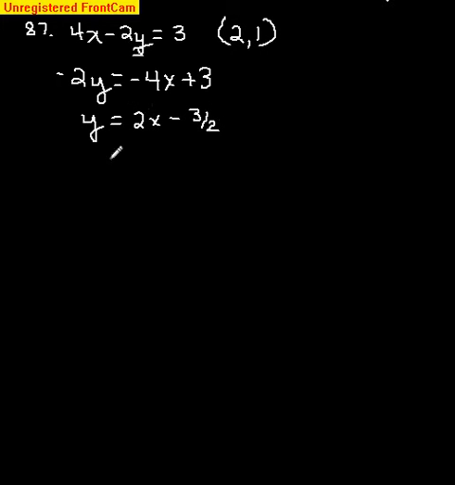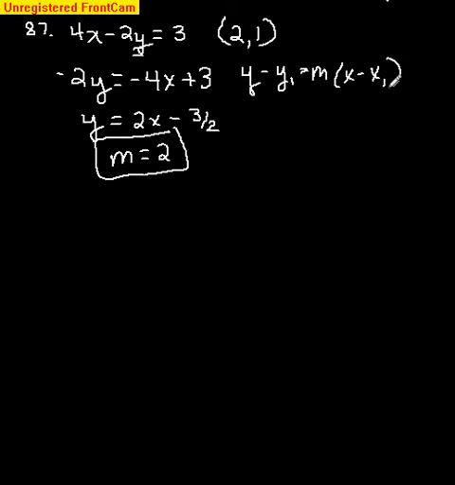Okay, so our slope, that's the main thing we're digging for right here, is 2. So you want to write an equation of a line parallel to this line and perpendicular. For the parallel one, here's the formula I was talking about: y minus y1 equals m times x minus x1. This is our (x1, y1), and this is our slope. If it's parallel, it's going to be the same slope. So I'm going to fill in this point and this slope, and then put it into the form y equals mx plus b.